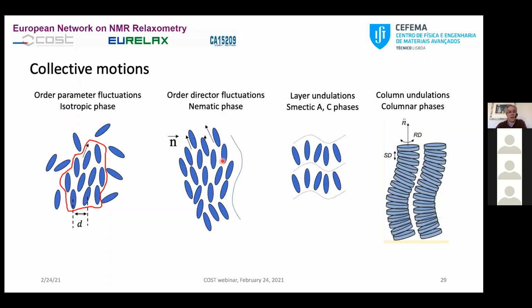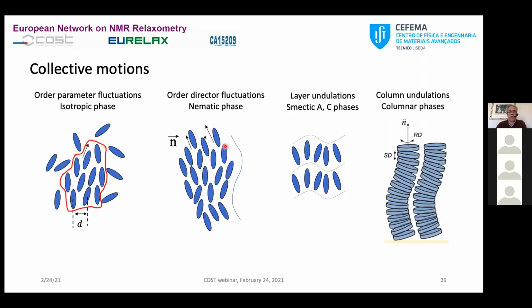In fact, in the nematic, we can observe that just because there is a common direction, a director which points to the common, average direction of alignment, we can have fluctuations of this director in space, and these fluctuations are in fact associated with the individual reorientations of the molecules, but they happen in a coherent way.